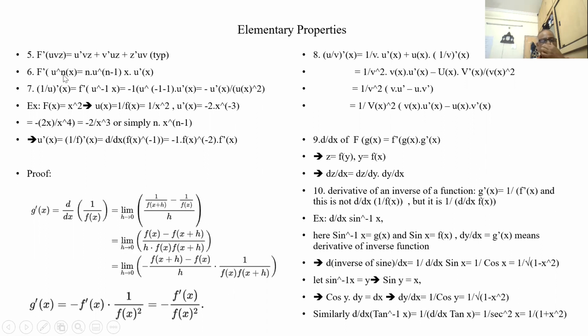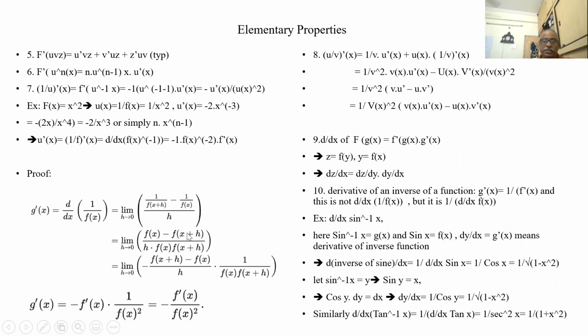So again, u to the power of n, x: n into u to the power of n minus 1, x, into du, u dash x. So now 1 by u of x. Let us see here. 1 by f of x is equal to 1 by f of (x plus h) minus 1 by f of x, divided by h, as h tends to 0. So f of x minus f of (x plus h), by h into f of x into f of (x plus h).